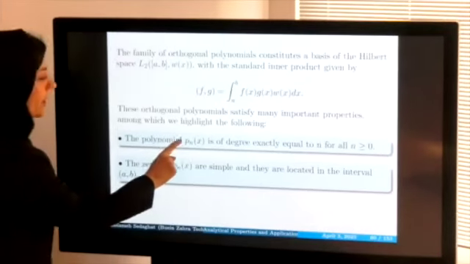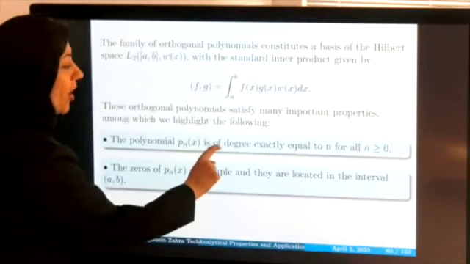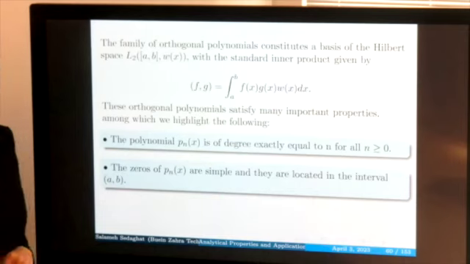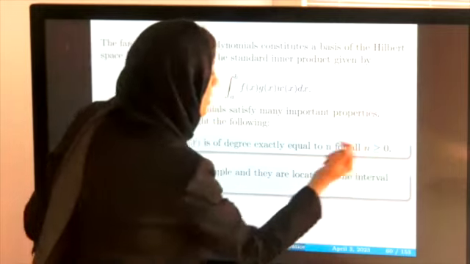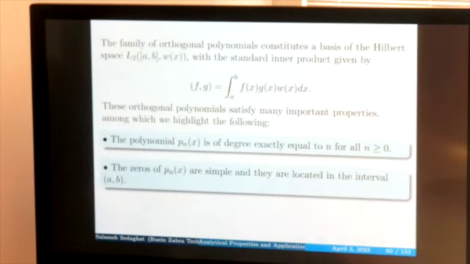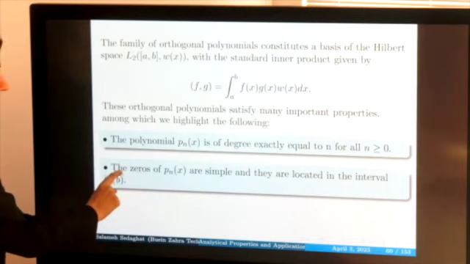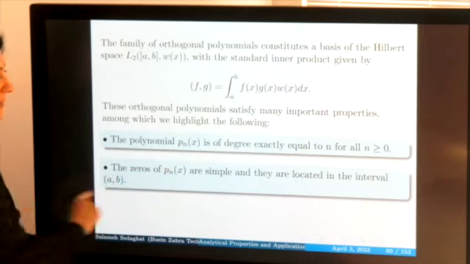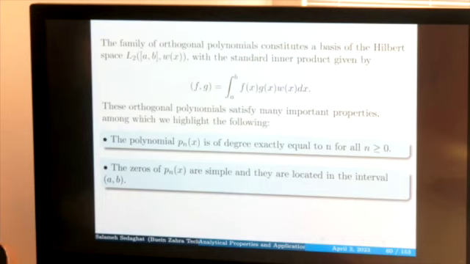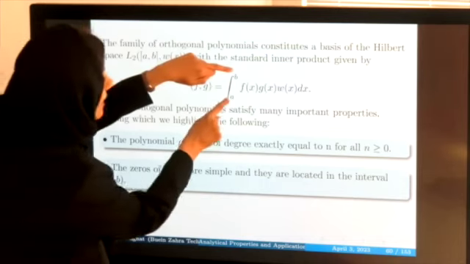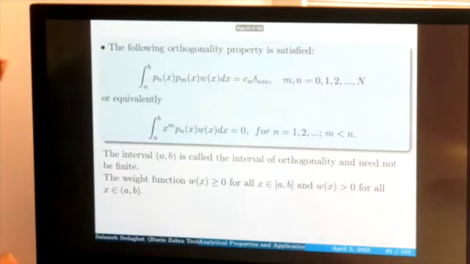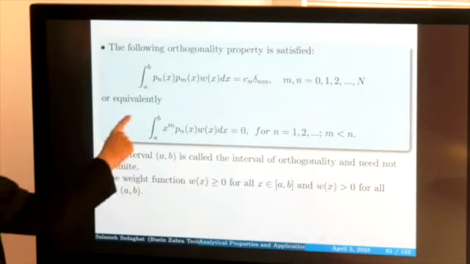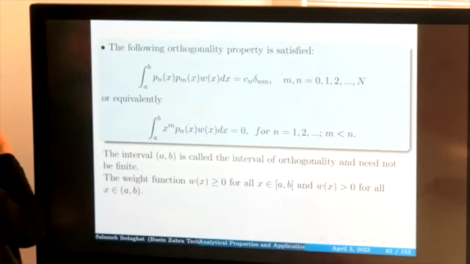First, the polynomial Pn of x is of degree exactly n for all n bigger than or equal to 0. The zeros of Pn of x are simple and they are located in the interval a and b. Also, we have the following orthogonality properties for orthogonal polynomials.